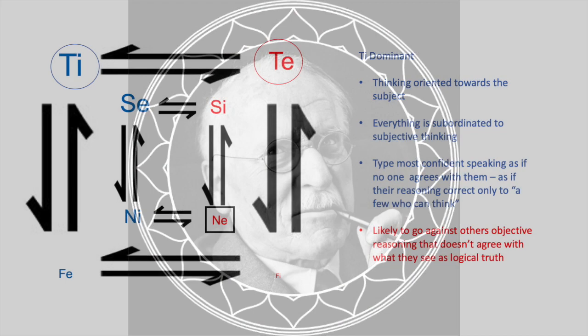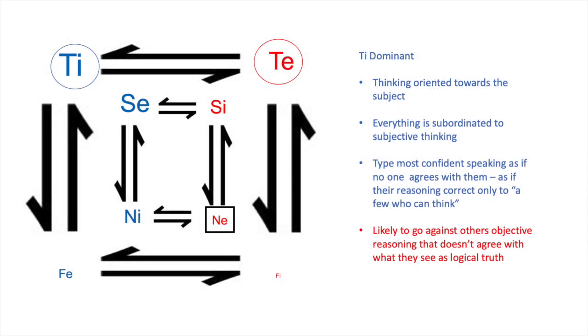Next up, we have TI dominant people. By comparison to TE dominant people, these are the types that have thinking oriented towards the subject as their dominant function. By contrast, here everything is subordinated to subjective rather than objective thinking. These are the types most confident speaking as if no one else agrees with them, as opposed to TE dominant people who speak as if everyone in the room already agrees with them.